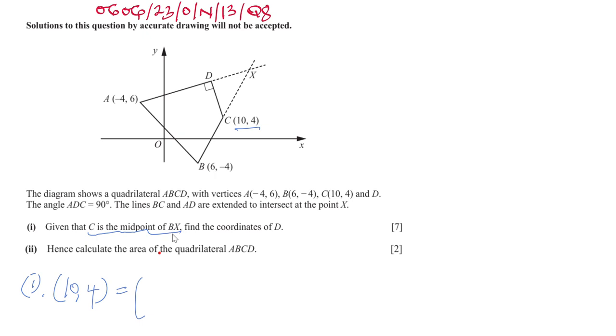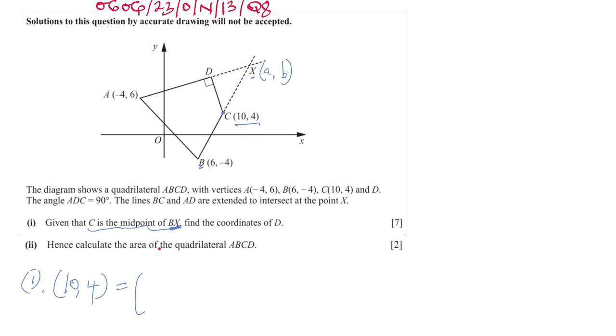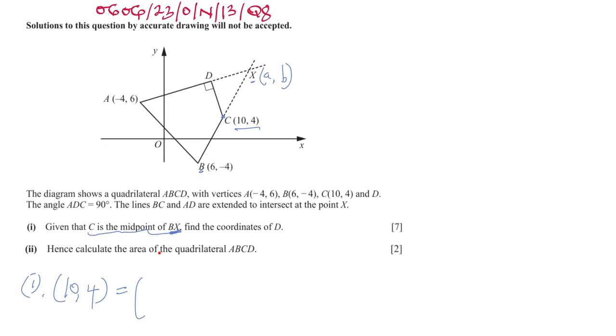The line segment being mentioned is BS. We are told that the point C is at the middle of line segment BS. We don't know the coordinates of B. Let it be a, comma b. So midpoint equals the sum of the x coordinates of the endpoints, 6 plus a divided by 2, comma, the sum of the y coordinates, minus 4 plus b divided by 2.